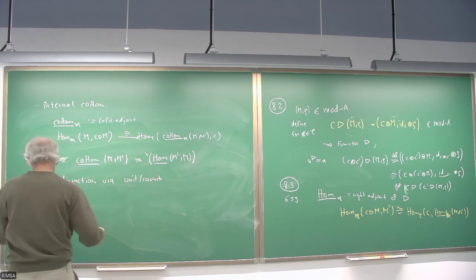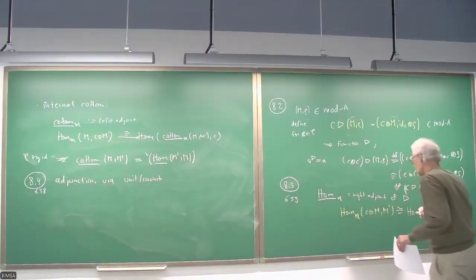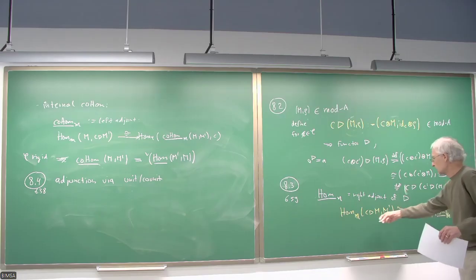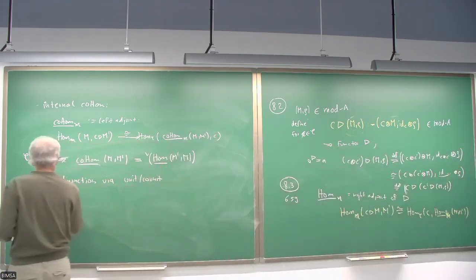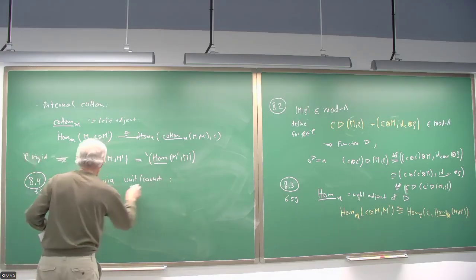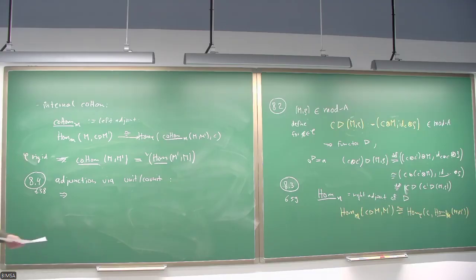And in our case, we have the left adjoint is the action functor, the right adjoint is the internal hom here. So we get our co-unit, but because we are dealing with a special situation, we introduce separate notation.